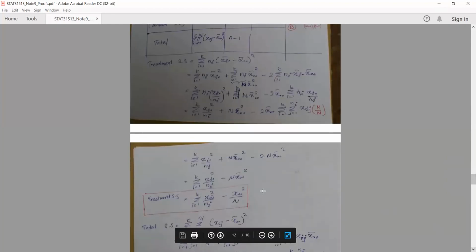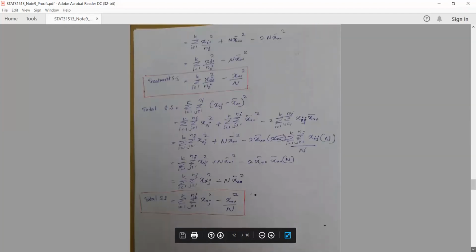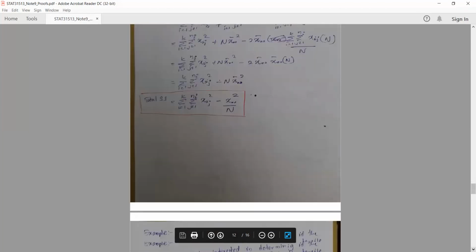For an example, when you want to calculate SSR, that is the treatment sum of squares, you can use x i dot squared divided by n i minus x double dot squared divided by capital N. Here I have given the proof. So you can use this equation to calculate the treatment sum of squares. Likewise, for the total sum of squares, you can use this alternative formula. So whichever formula is easy for you, you can use.